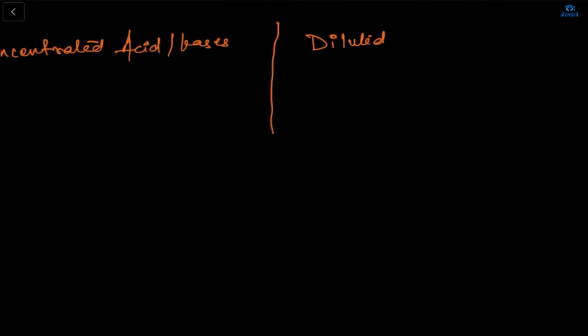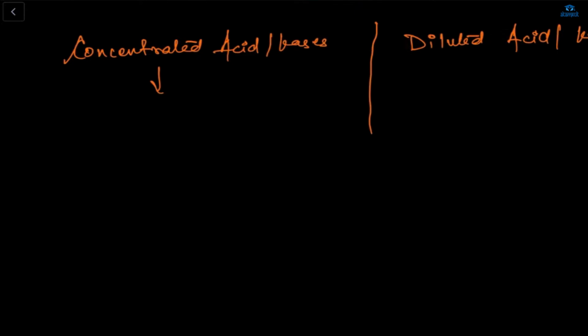Now, one more thing is there, which is concentrated acids and bases, and another one is diluted acids and bases. Any idea about this concentrated word and this diluted word?